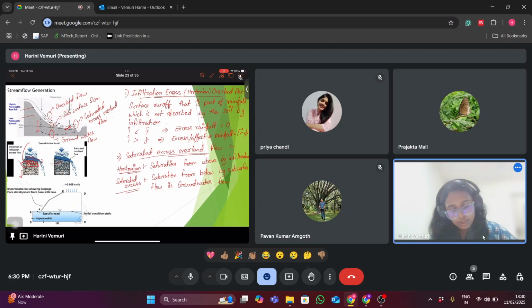You can see that in this part there might be subsurface flow or groundwater flow which is saturating the soil, and the water will be coming onto the surface. This is called saturated overland flow.